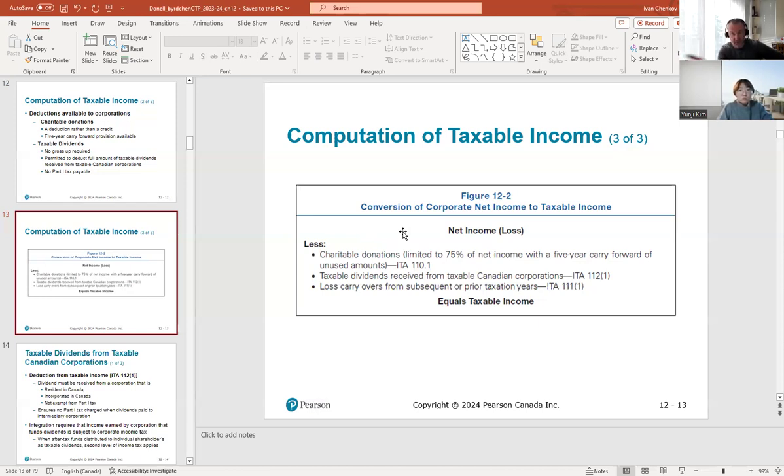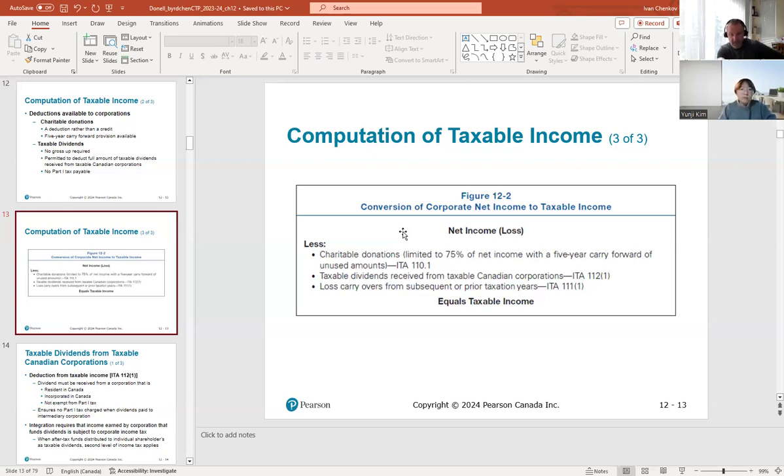If you don't use it this year, you can carry it forward for 5 years. Then the taxable dividend which is received, and then you can deduct the loss carry over from the subsequent or prior year. So basically, you can carry forward that loss, and then you come up with the taxable income.